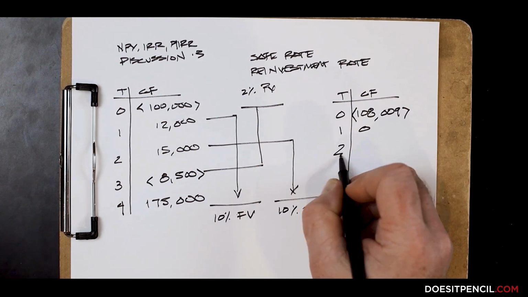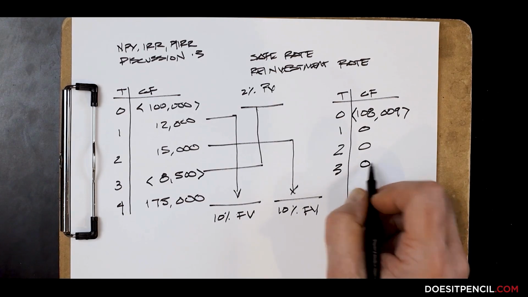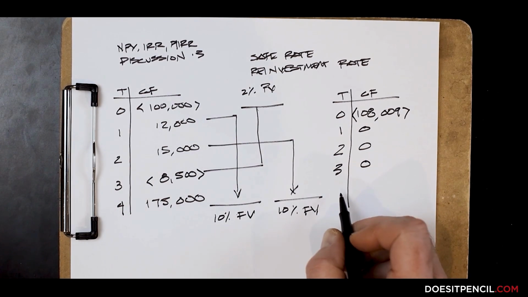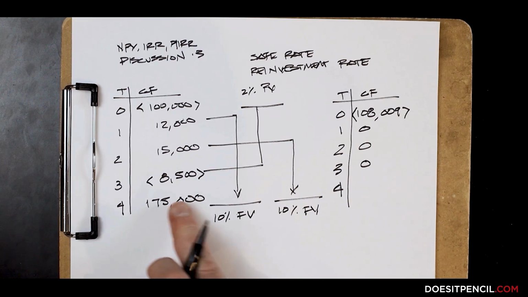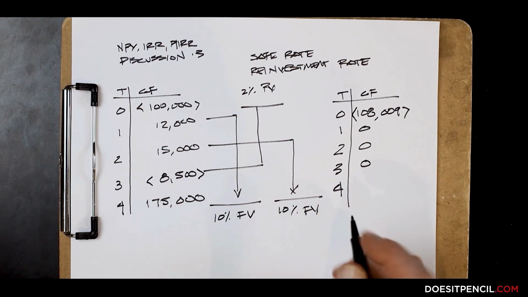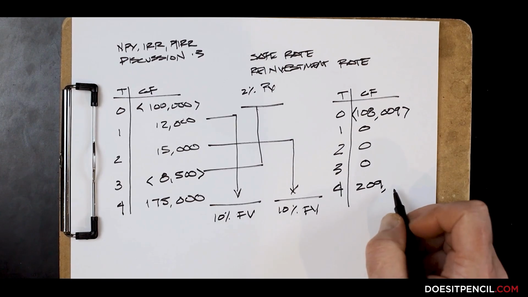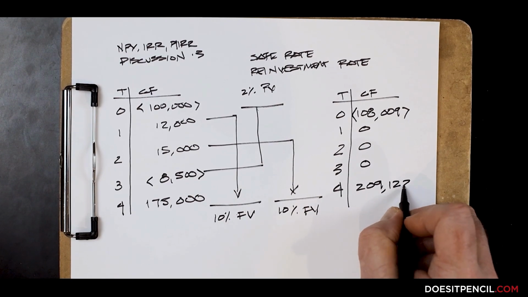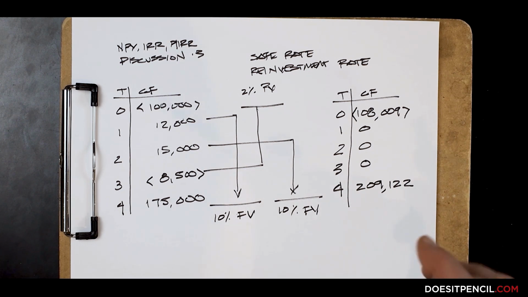Time period 2, you would have 0 because you compounded it forward. Time period 3, you have 0 because you discounted it back. And we'd be left with in time period 4, when you add these three together, 209,122.